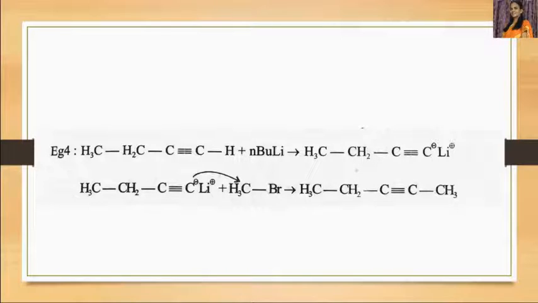This is another example where higher alkynes are obtained from lower alkylides, and these alkylides are produced when the alkynes are treated with sodium metal or potassium metal, etc. So this is about the acidity.